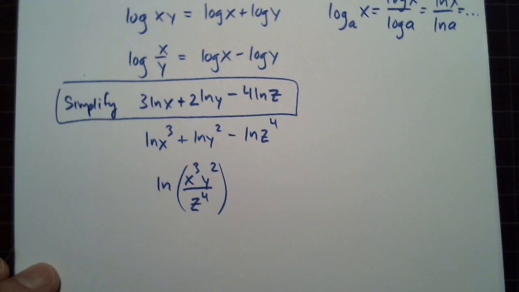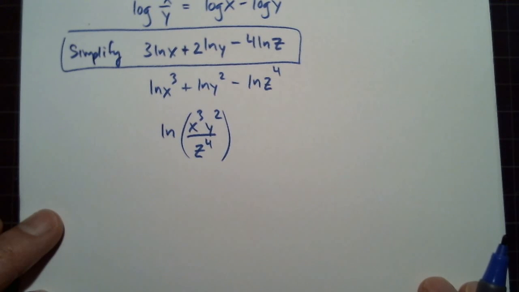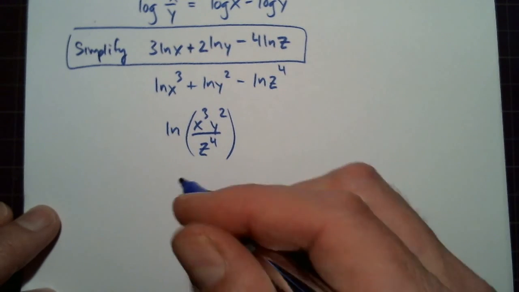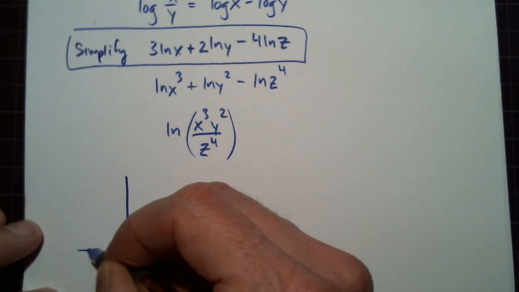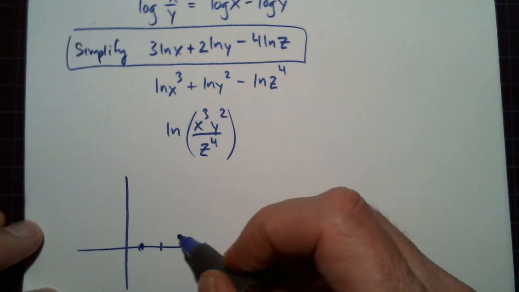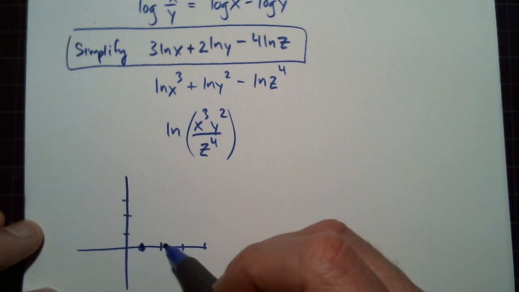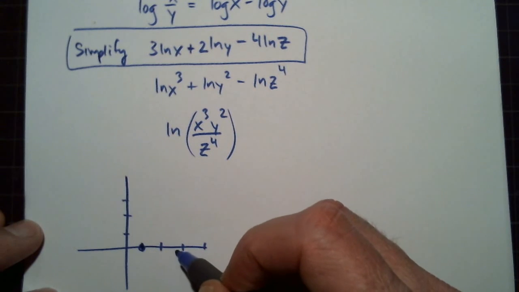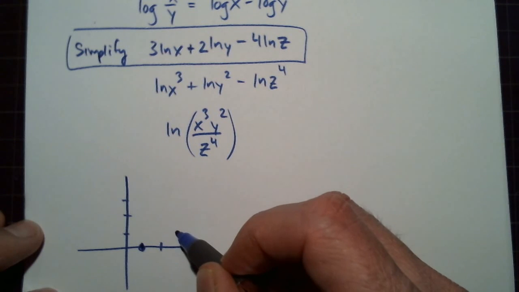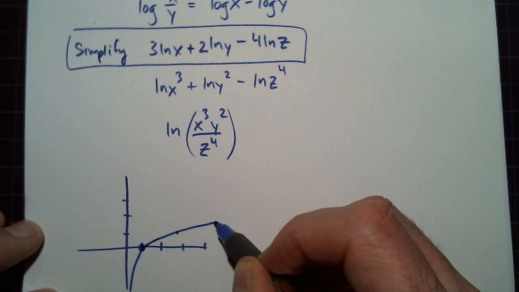All right, let's review the derivative of a logarithm. In the first video, we looked at the graph of natural log. It has an x-intercept of 1, and then at about 2.7, it'll have a y value of 1. So the graph looks like this.